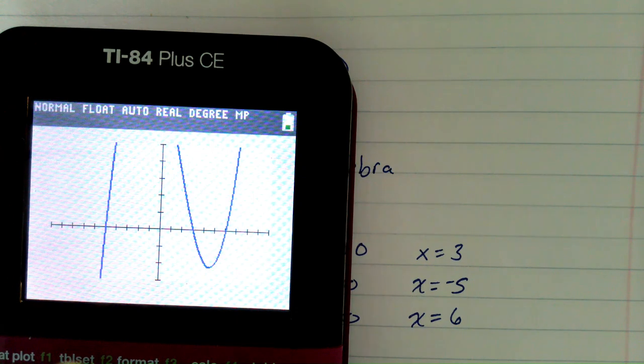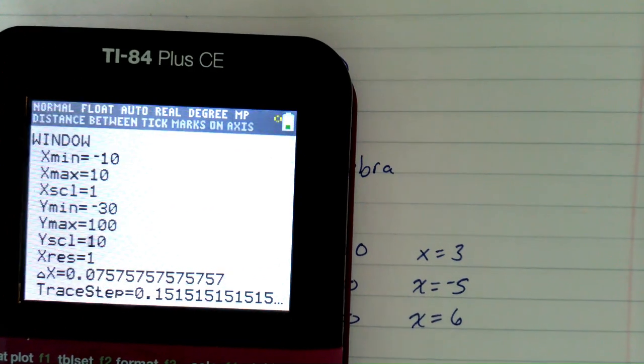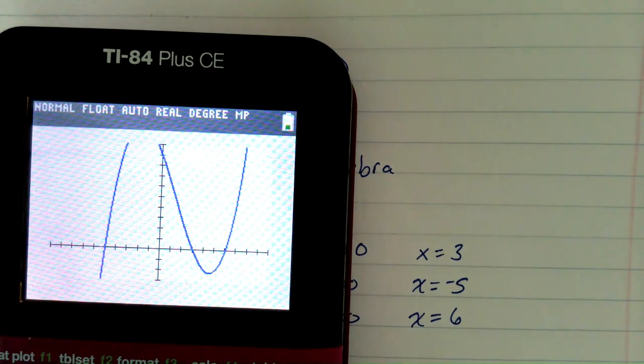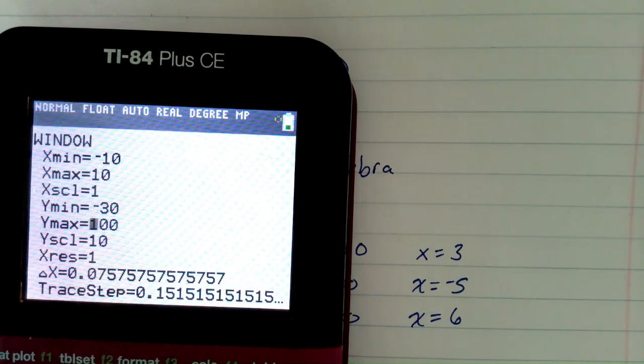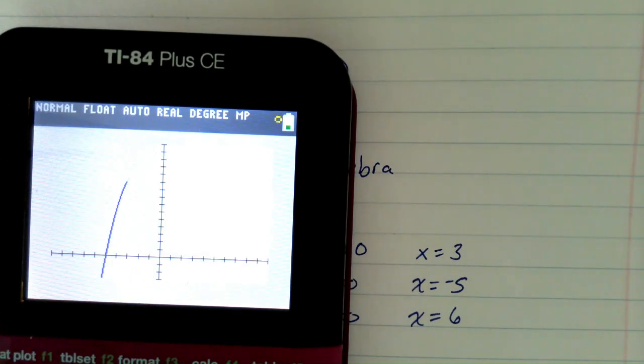Got the bottom, not quite the top. Okay, I'm not going to continue working on it. I could. Let's go ahead and go 150. There's that.